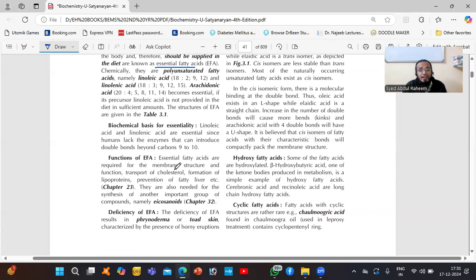So you need fatty acids to maintain those structures. Second, we need essential fatty acids to transport cholesterol and for the formation of lipoprotein.